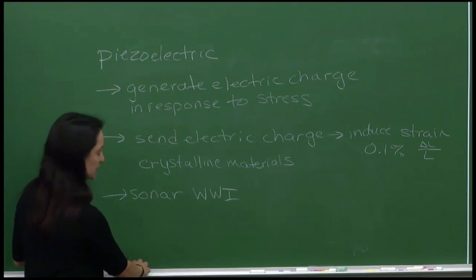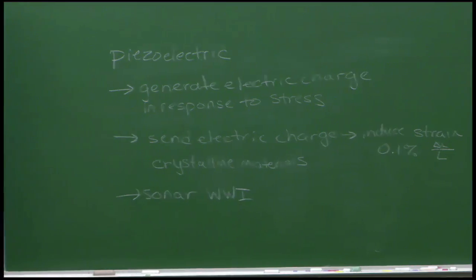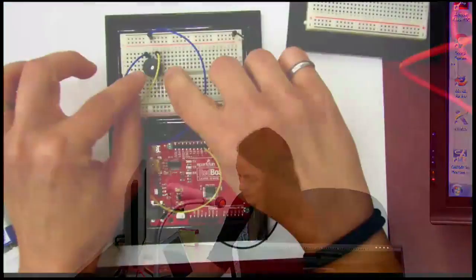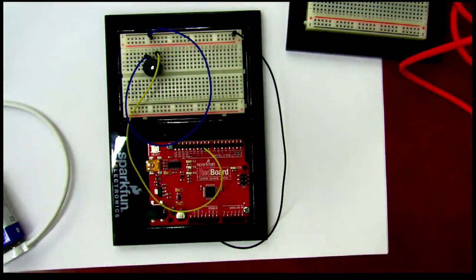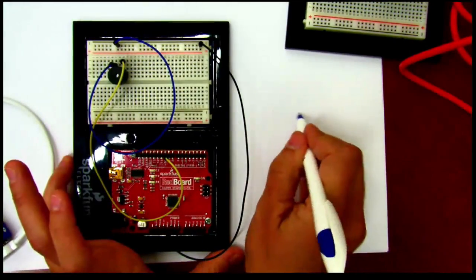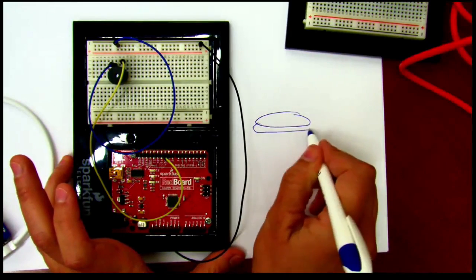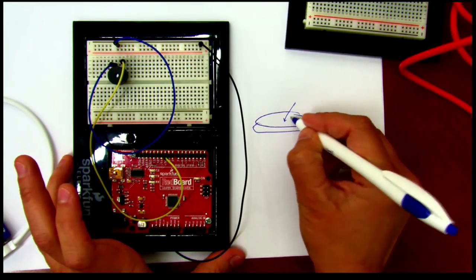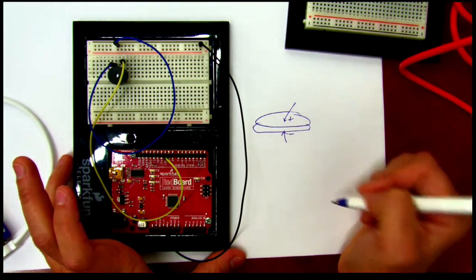This is a piezoelectric buzzer, part of this little kit. What it does is, you have two plates of material on top of each other, and you induce a different polarity on them.